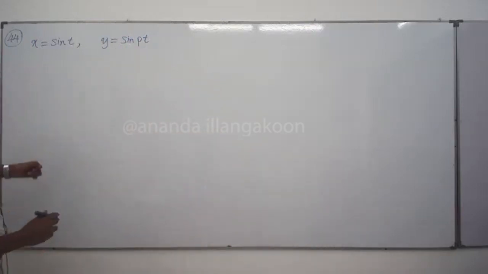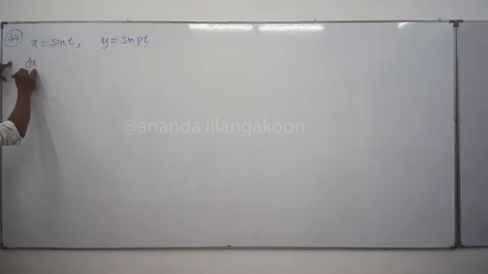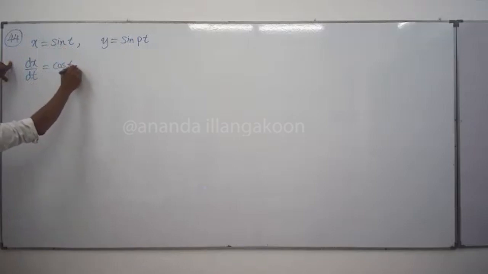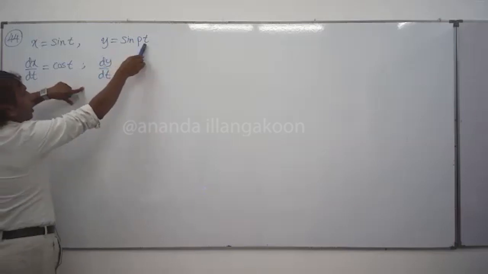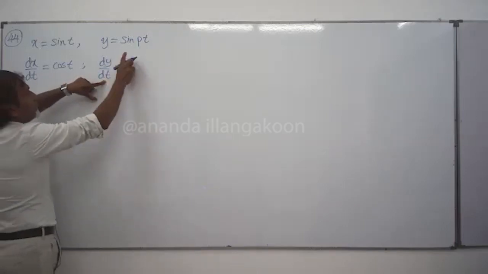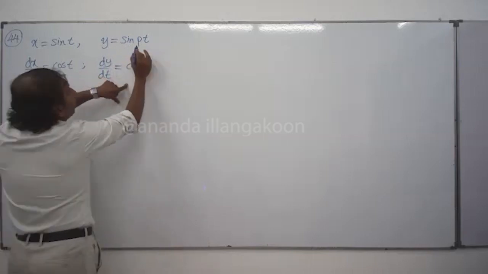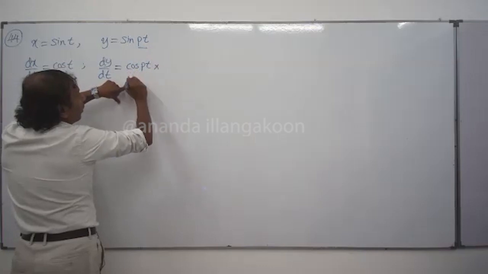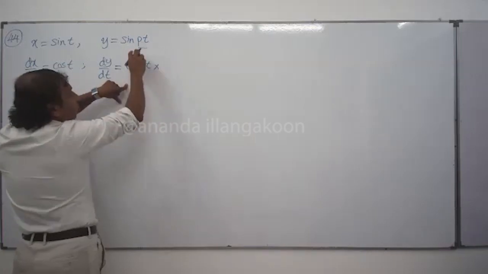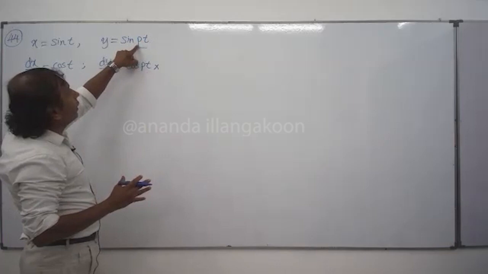So first I differentiate x with respect to t. Then dx upon dt equals the derivative of sine, which is cos t. Now we differentiate y with respect to t. The derivative of sine is cos pt, and this should be multiplied by the derivative of pt. p is a constant, like a real number 2 or 3, so p and t form a product.